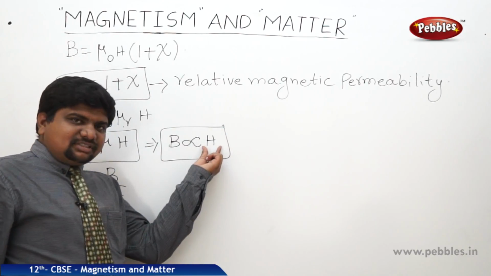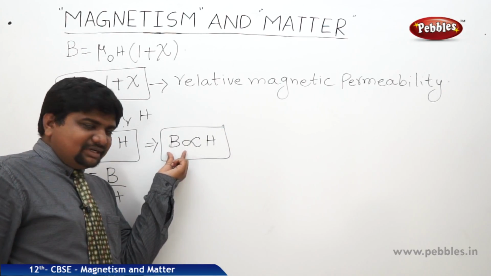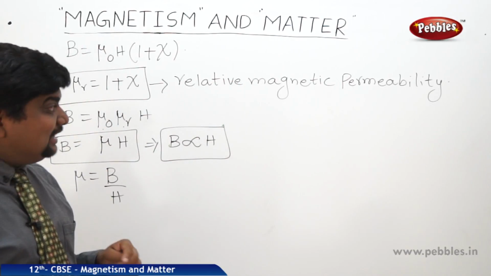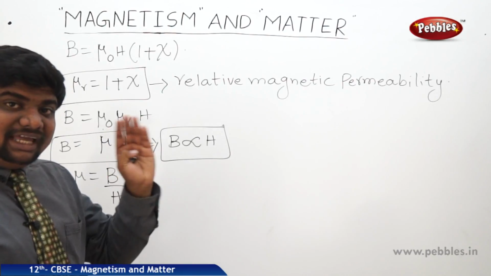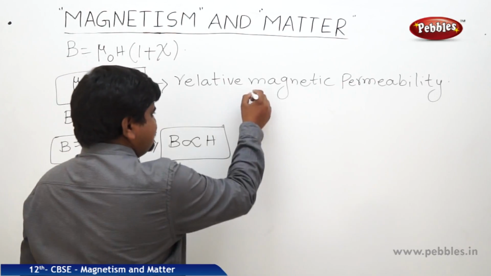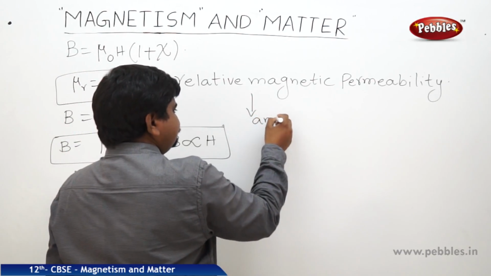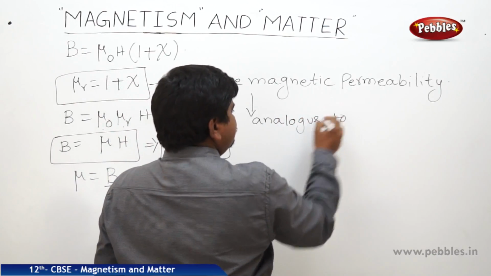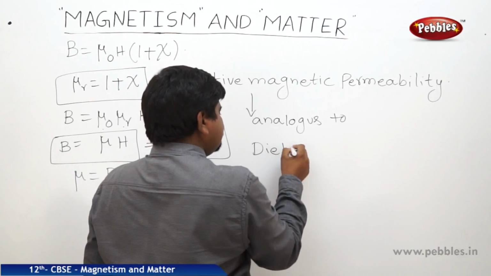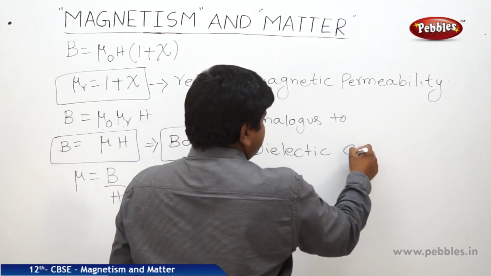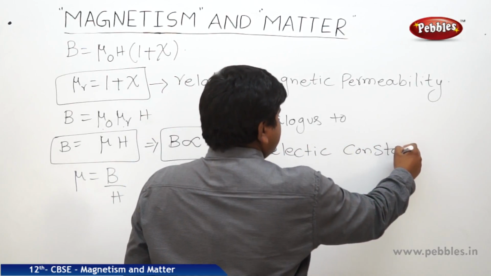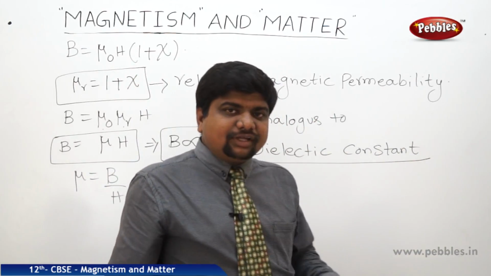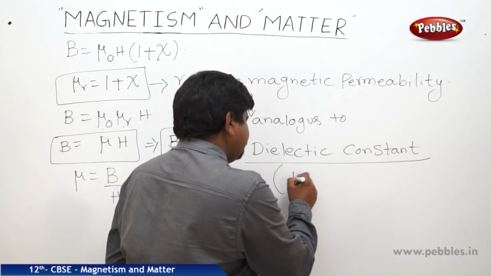The units and dimensions of H are similar to the units and dimensions of B. So this relative magnetic permeability is analogous to the dielectric constant K in electrostatics.